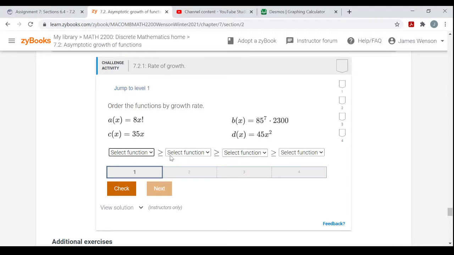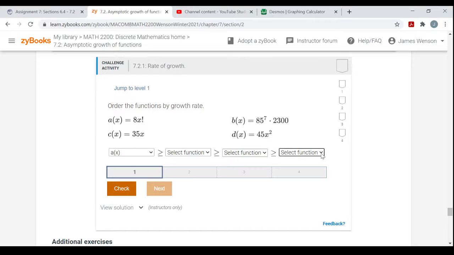So I'll show you a first example here. You've got a factorial. That's the fastest. Factorials grow crazy fast, so I'm going to put that first. You see it's greater than or equal to. This is growth rates. Now this, I know there's a seventh power here, but these are all numbers. This is a constant. So that's definitely going to be the slowest.